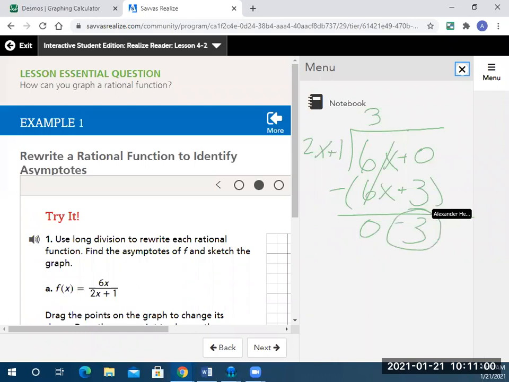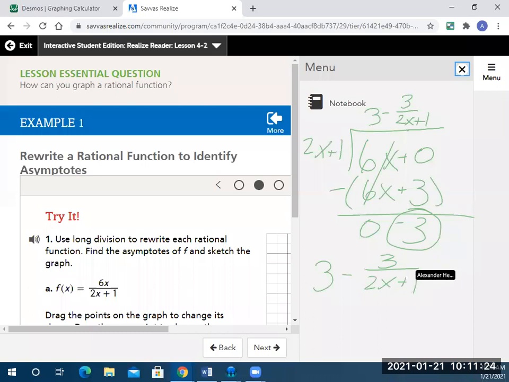So this is our remainder right here. What do we do with our remainder? So we're left with negative 3 over 2x plus 1. So our new form is 3 minus 3 over 2x plus 1.